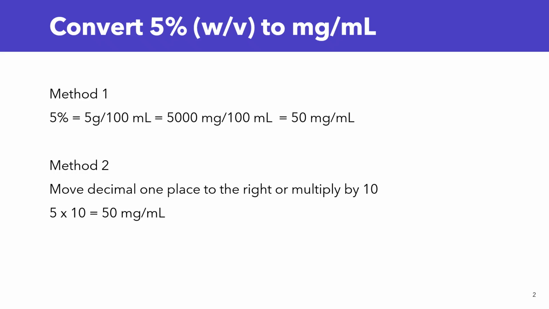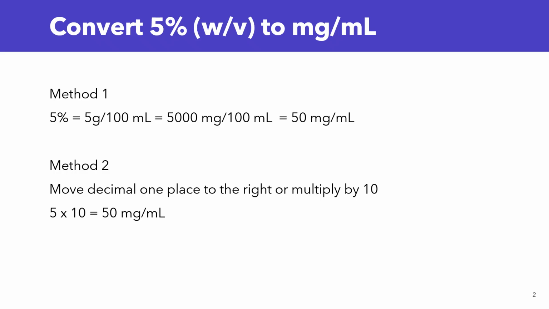You need a conversion factor: 1 gram is 1,000 milligrams. So 5 grams is 5 times 1,000, that's 5,000 milligrams. So you have 5,000 milligrams over 100 ml. Once you divide that, you'll have 50 milligram per ml. So 5% equals 50 milligram per ml.